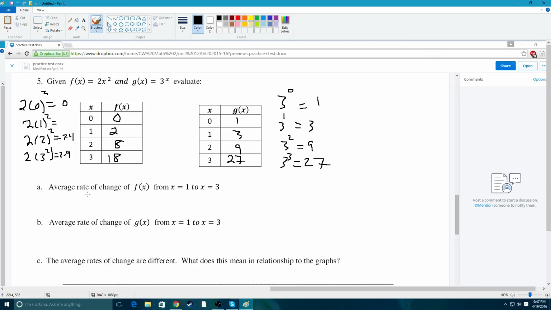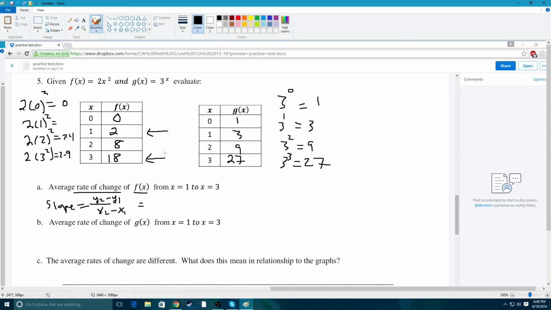Okay. So average rate of change. I say rate of change, you say slope. And slope is equal to y2 minus y1 over x2 minus x1. So we're looking at f of x. So we're looking at these two values here.